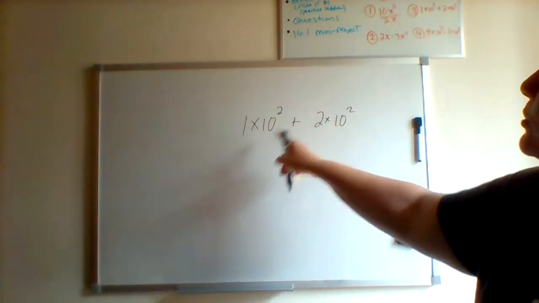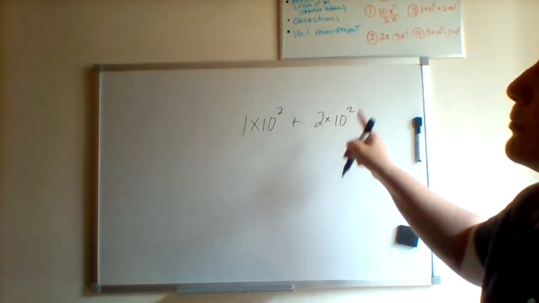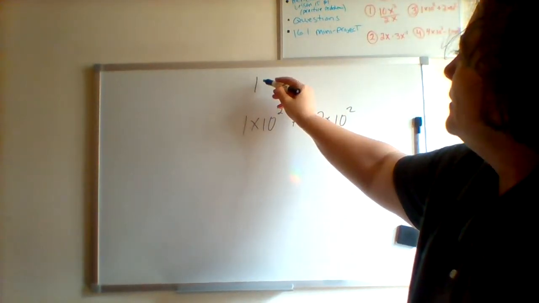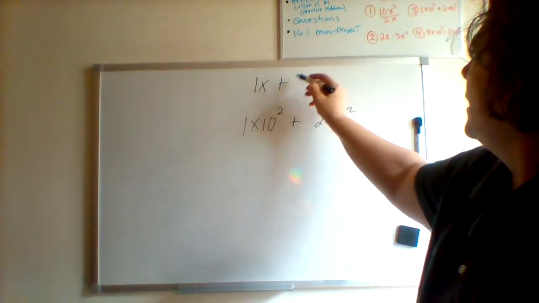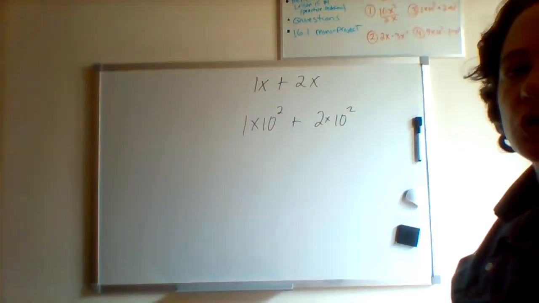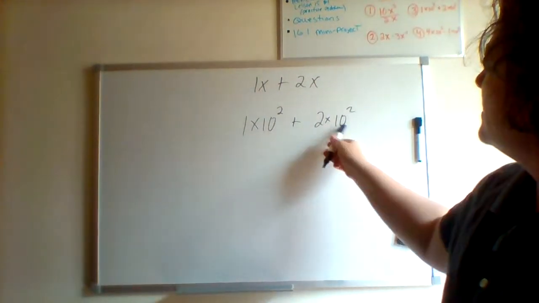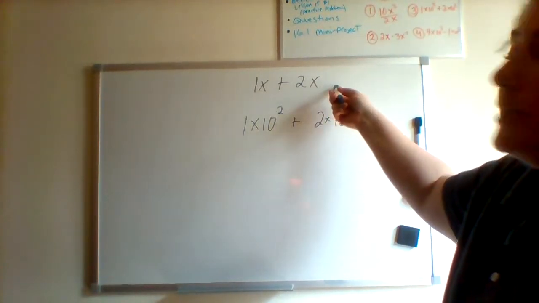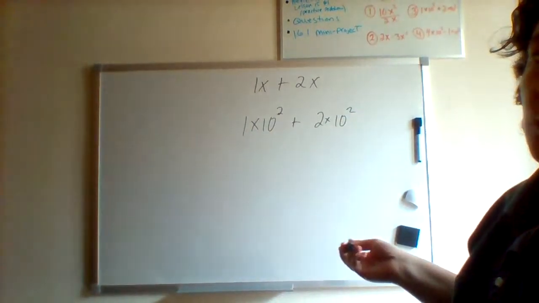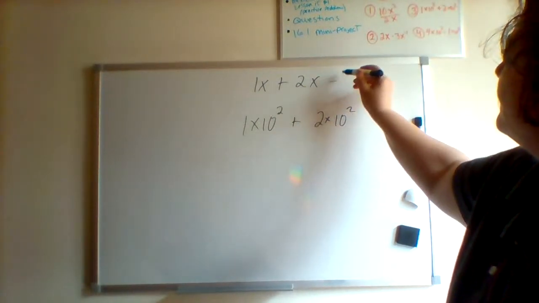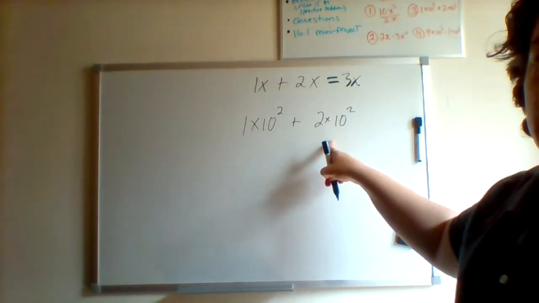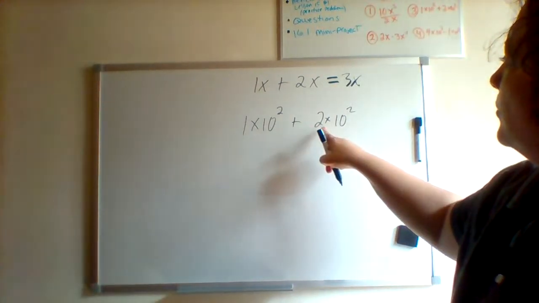This is almost as if I was looking at 1x plus 2x. It's almost just like that, because those bases are exactly the same. Combining like terms, we would just say 1 plus 2 equals 3x, right? Well, then we can actually do the same thing here. What's 1 plus 2?